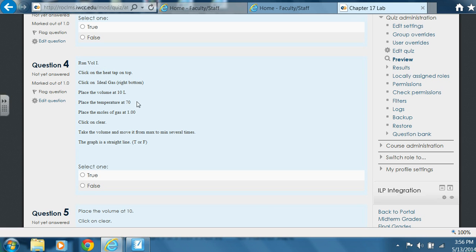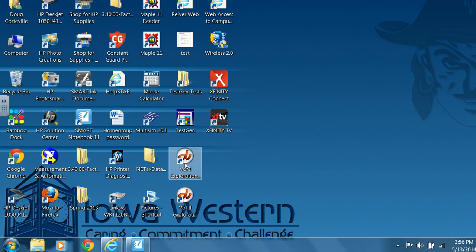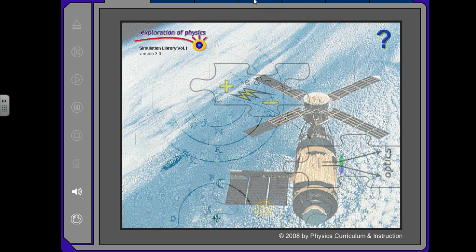All right, now, 10 liters, temperature 70, moles 1. Then I move volume. All right, let's see if I can do it right this time. Now, if I would have printed out that page, that would have been cool, or if I had my second computer up, that would have been cool too.